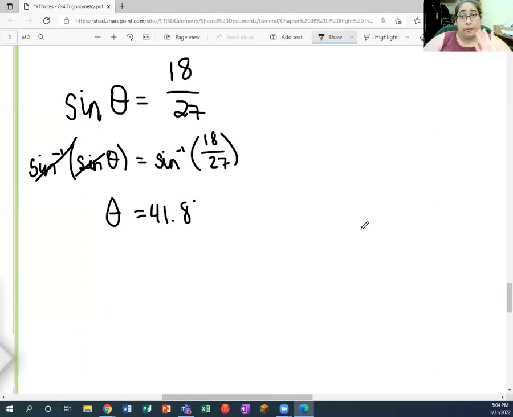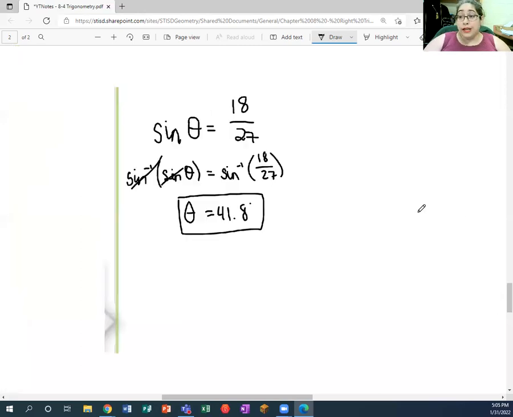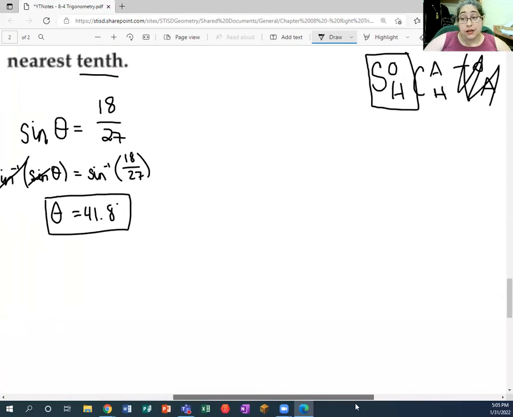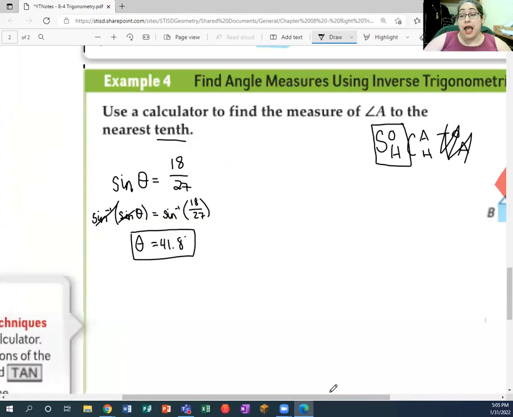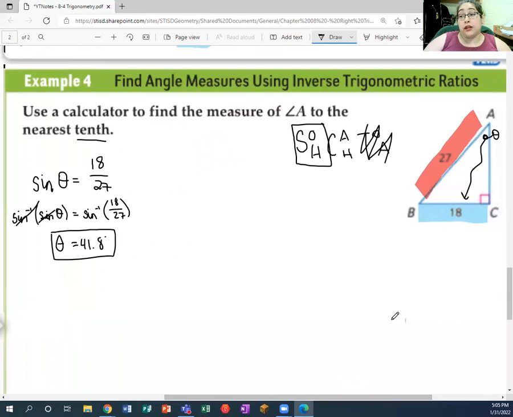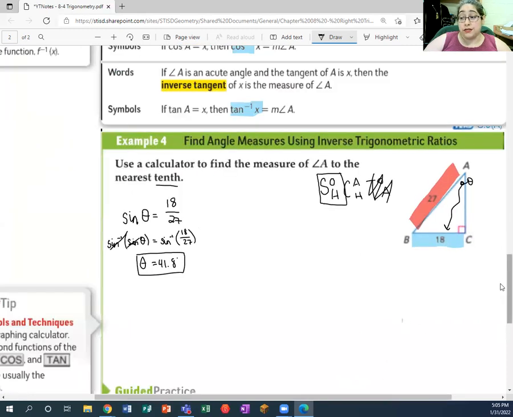Three ways to say the same thing. Sorry that that's confusing. My phone is in degrees mode and it gave me the same degree. And so this is the measure of angle A when the side opposite that angle is 18 units and the hypotenuse of the triangle is 27 units.